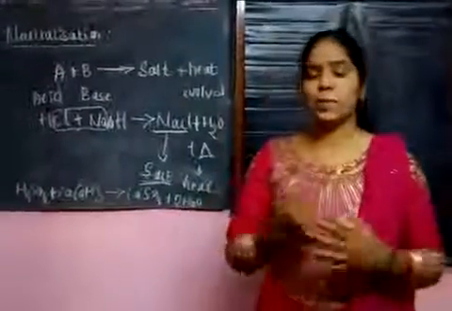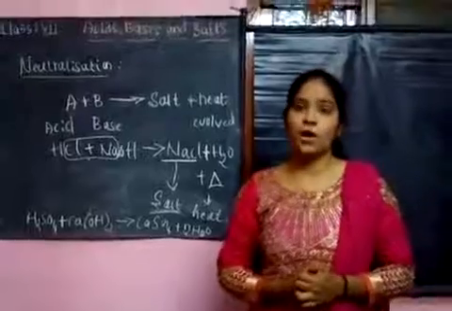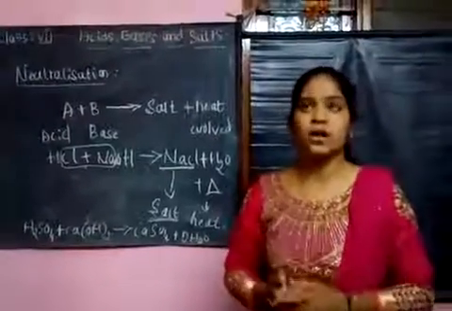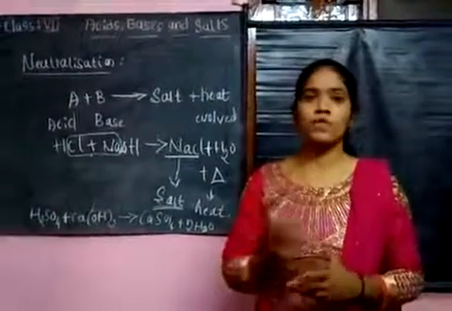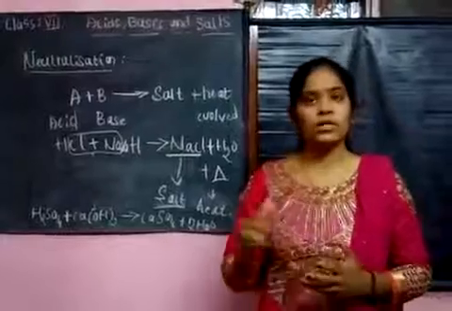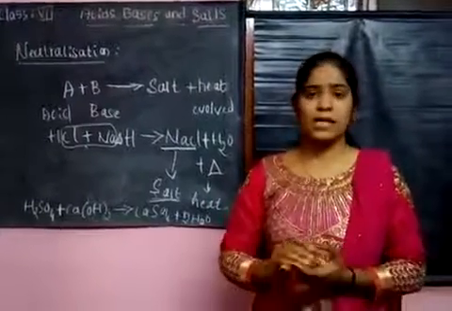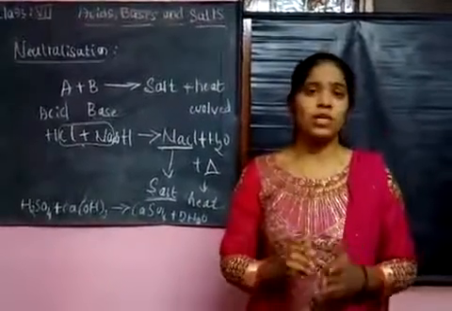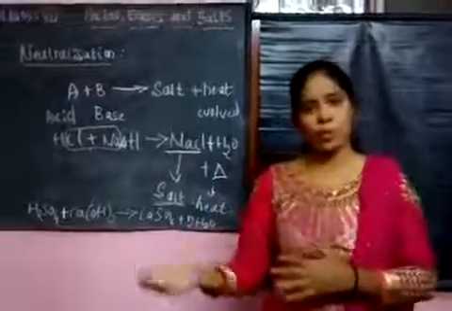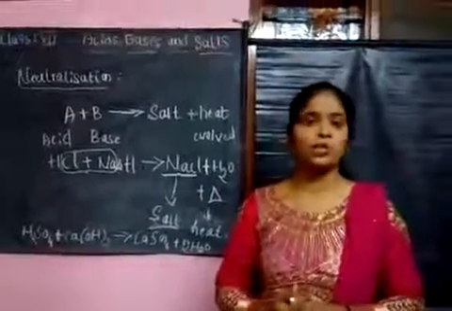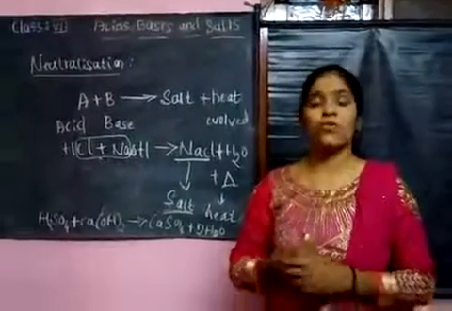The next application is soil treatment. For the growth of plants, the soil condition must be neutral. If the soil is either too acidic or too basic, then there is no growth of plants.